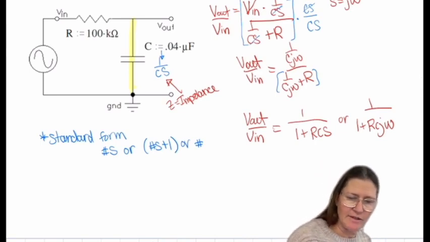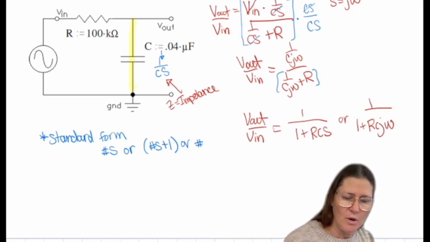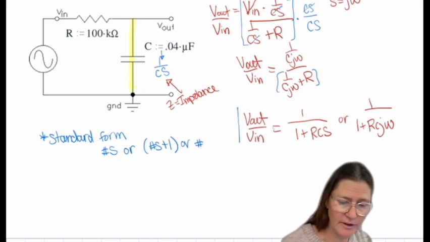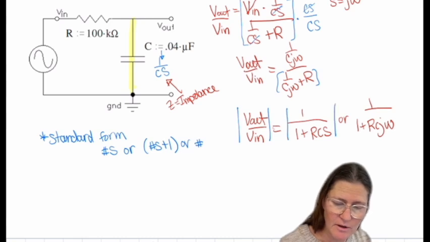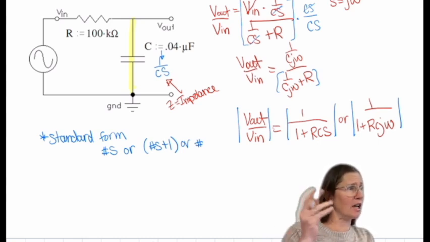From there, last time we kind of started this. In order to find magnitude, I would need to take the magnitude of this expression. I'm going to have to do this with omega j in there because I know how to take a magnitude when I have a plus bj.